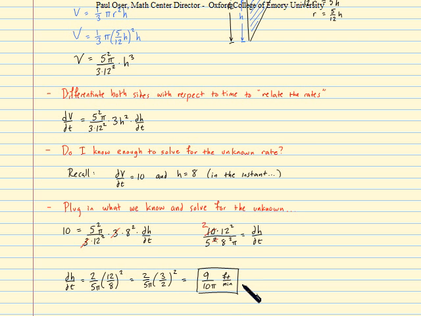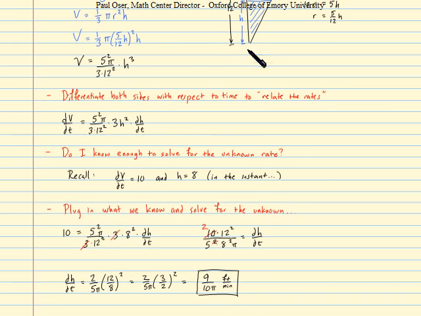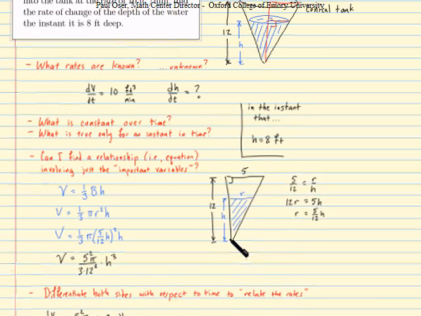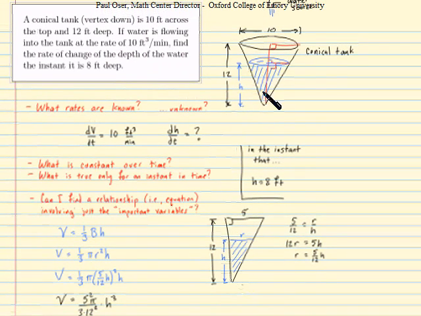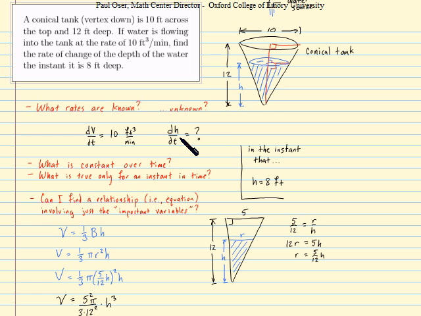And that's our answer. Now, a quick check. Remember, way back up here, we noticed that the depth of the water, which is represented by h, should be increasing as water gets poured into the tank. And so the derivative of h with respect to t should be positive or negative?